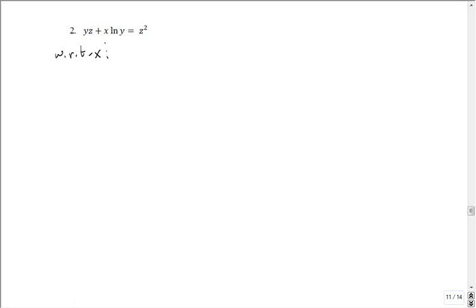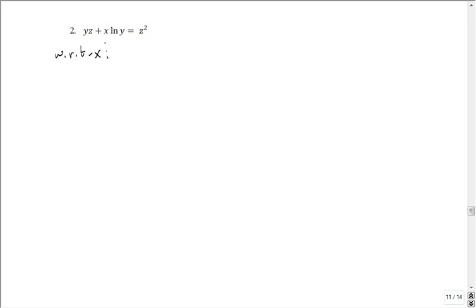You have to use the product rule here, because you have y and you have z, which is a function of x and y. Good? The second one, don't bother to use the product rule there, and that is what people get confused in, because you have a product here, but they are not both functions of x and y.